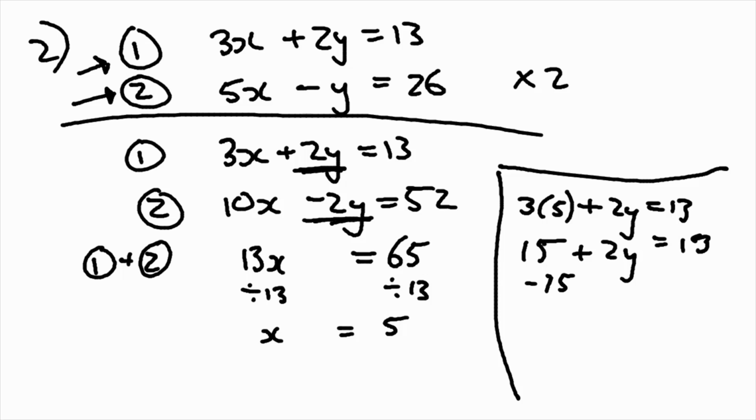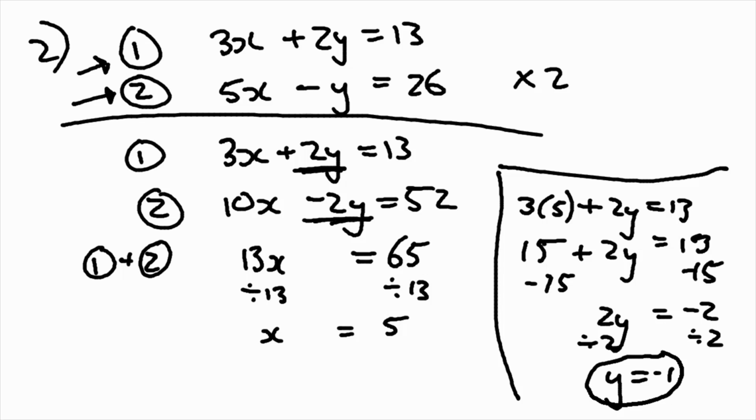Subtract 15 from both sides, leaving us with 2y equals minus 2. Divide by 2, y equals minus 1. And we've got our two solutions, one for x and one for y.